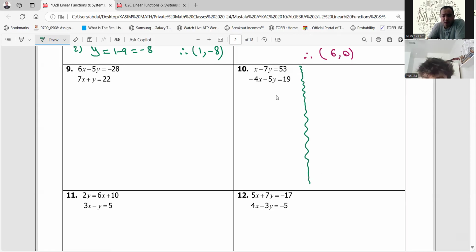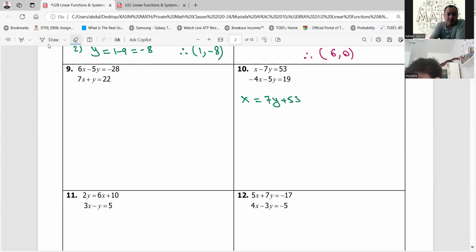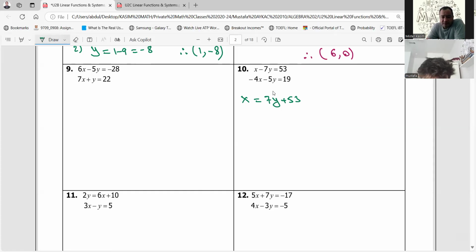If I use the first one, I think x is better. Let me express x in terms of y. In the first equation, x is equal to 7y plus 53. And now I'm going to substitute this into the second equation.